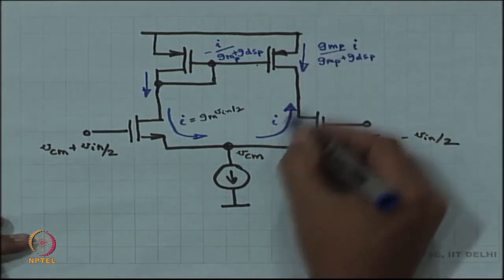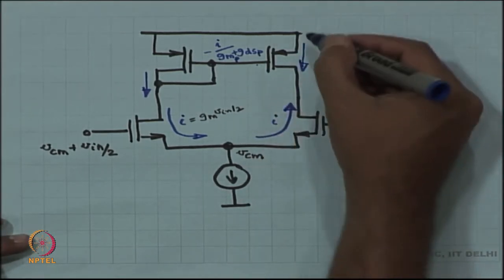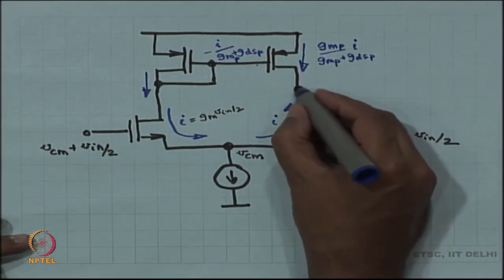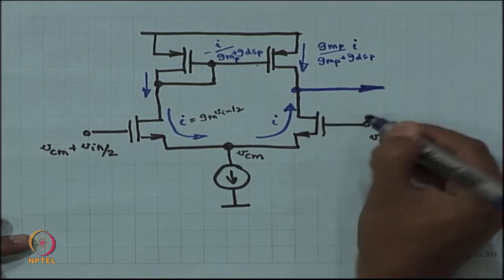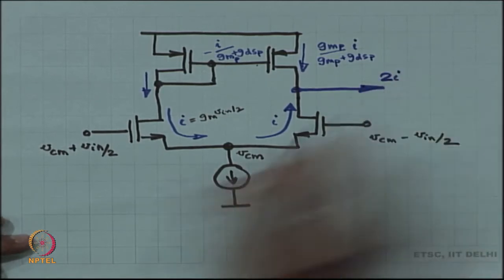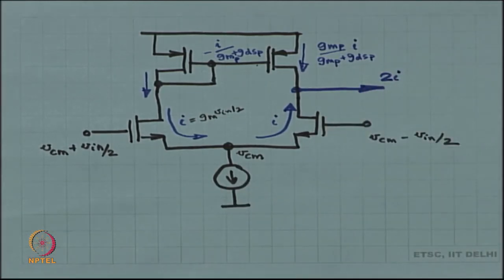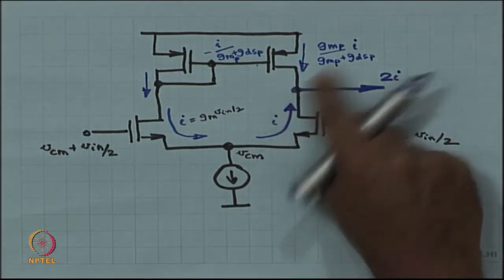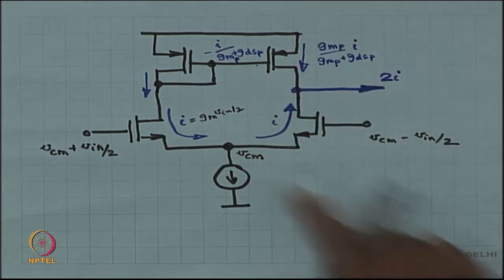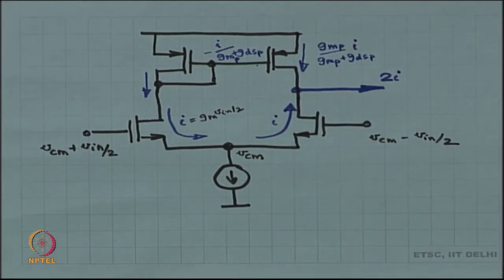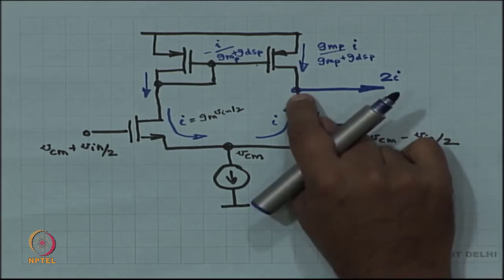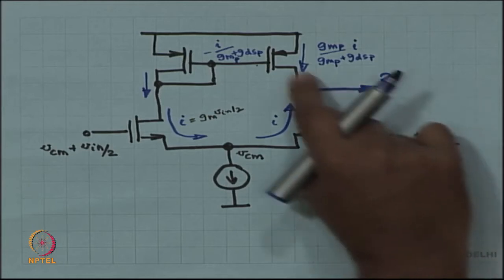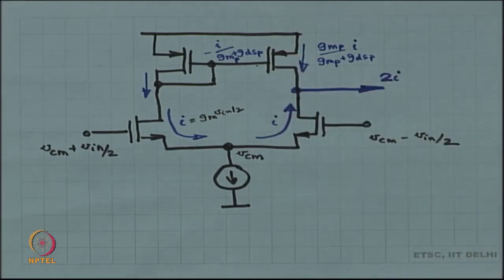So, I current is pushed this way and this also is approximately I. I current is pushed the other way, and therefore, the current going out into the load is 2 times I. If there is no load, then this 2 times I is going to drop through the RDS of the NMOS as well as the RDS of the PMOS, and therefore, your voltage over here is going to be 2 times I times RDS of NMOS in parallel with RDS of PMOS.